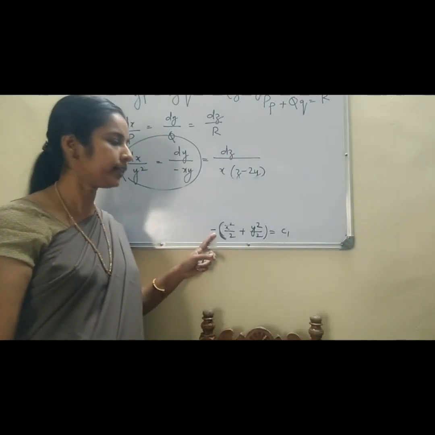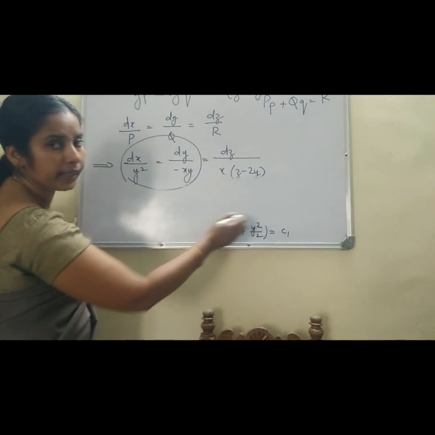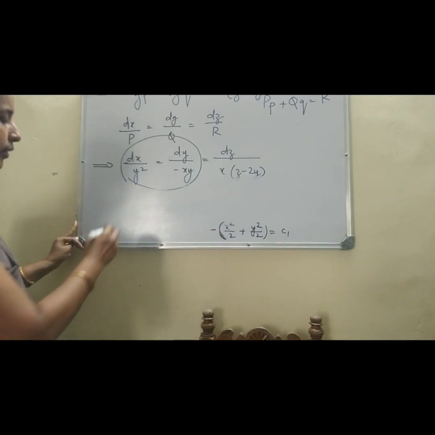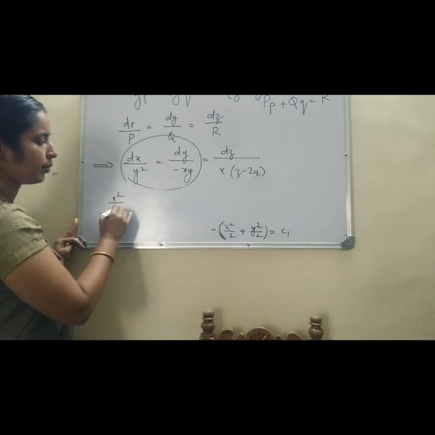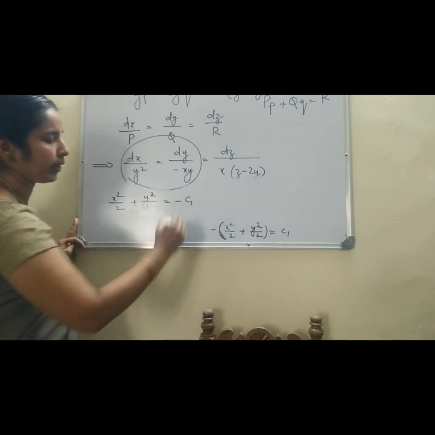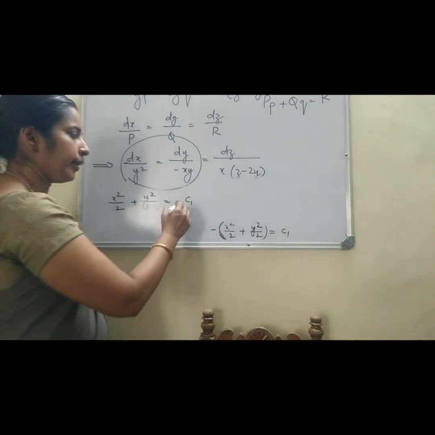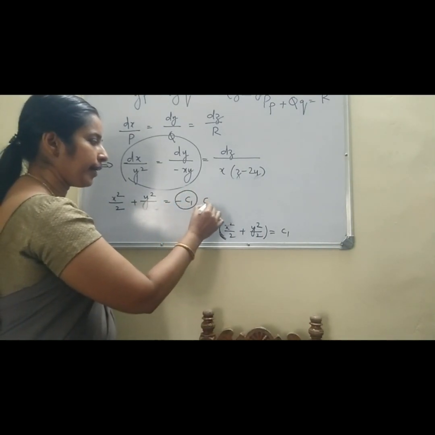See, our solution is this one. By rearranging, you take the negative sign to the right side, that is x square by 2 plus y square by 2 is equal to minus c1. Since c1 is arbitrary, you can take this minus c1 as c1.